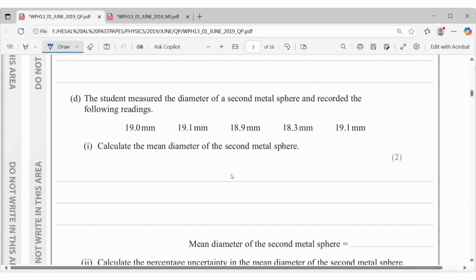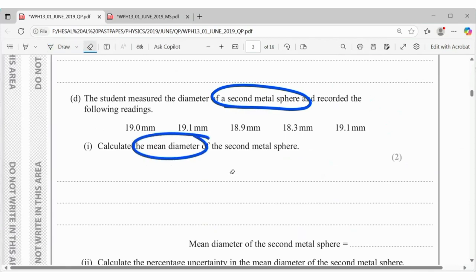D part. The student measured the diameter of a second metal sphere. Here they talk about another sphere. Here we have 1, 2, 3, 4, 5 values. Using them, we have to find the mean diameter. But we have to be very careful. Can we take all these values?